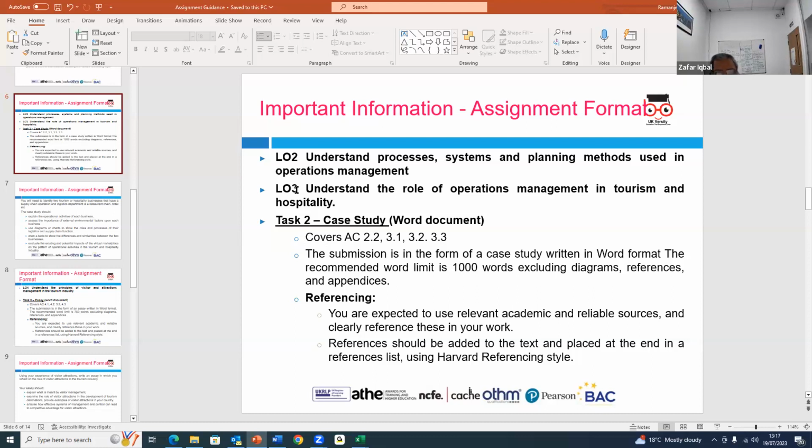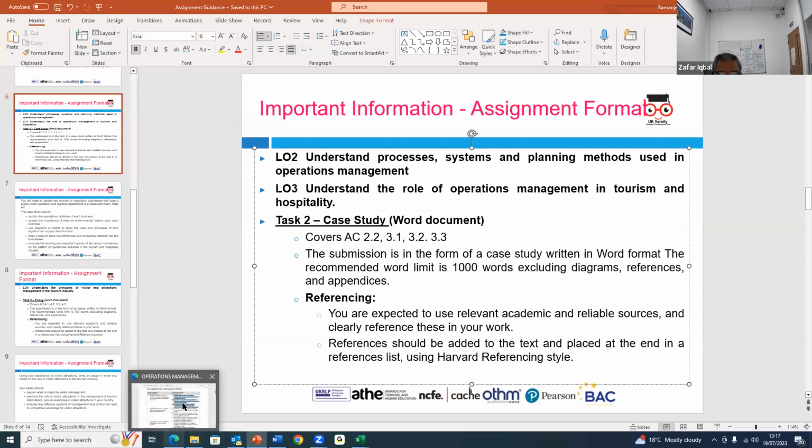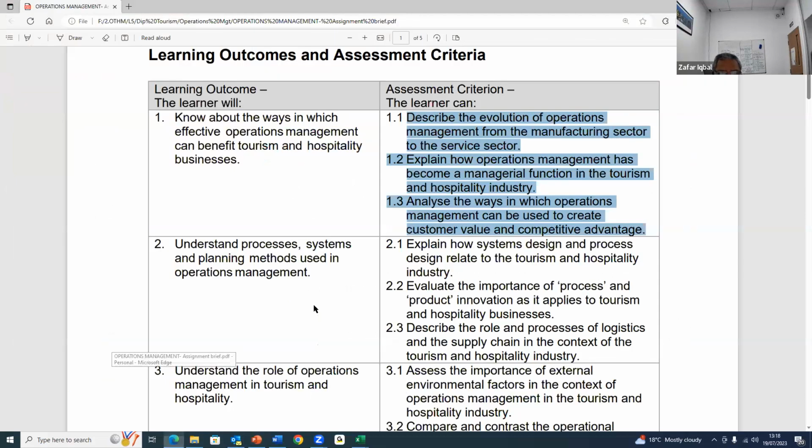Okay, so the case study covers learning outcome number 2 and learning outcome number 3. In learning outcome number 2, there are three assessment criteria, and we covered the first two in the first essay.